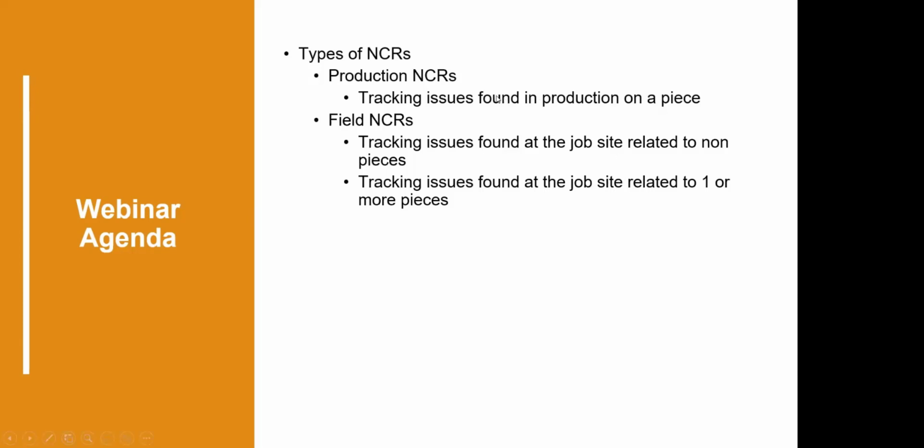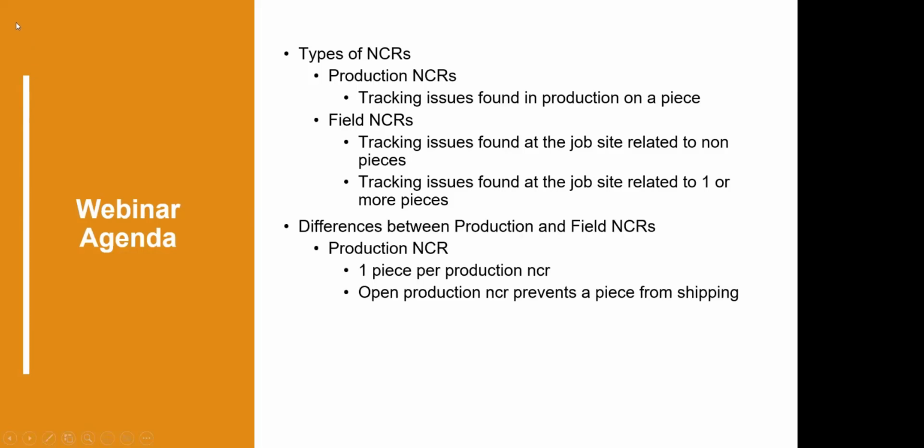Again, one of the key differences is a production NCR is for tracking a single issue on a single piece, where a field NCR can be related to one or more pieces on the job site. The primary difference between a production and field NCR: a production NCR is, again, one piece per production NCR.